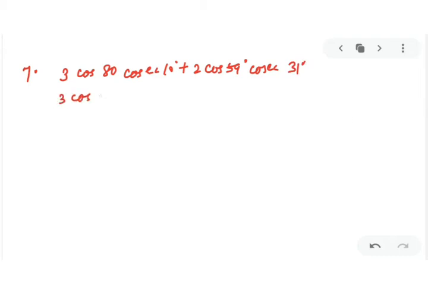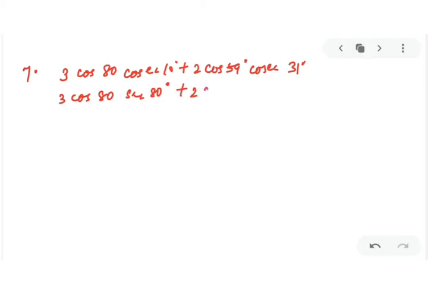The 7th goes 3 cos 80 cosec 10 plus 2 cos 59 cosec 31. Let's see what we can do. I'll keep 3 cos 80. For cosec 10, can I write sec 80?